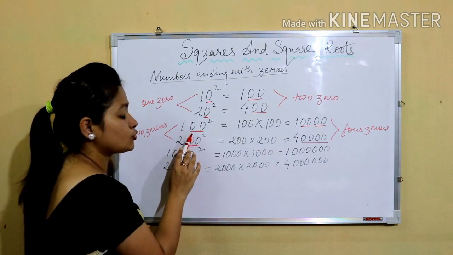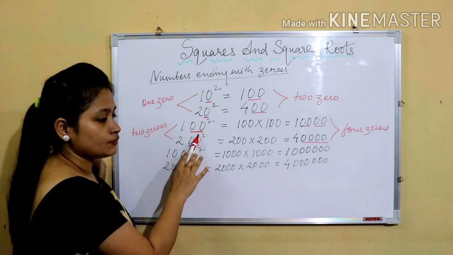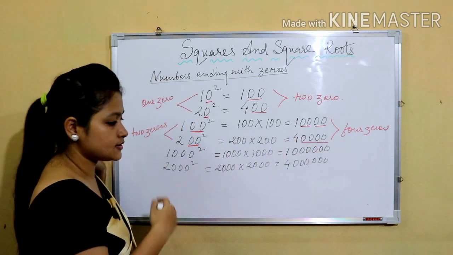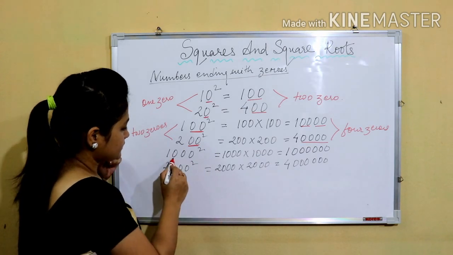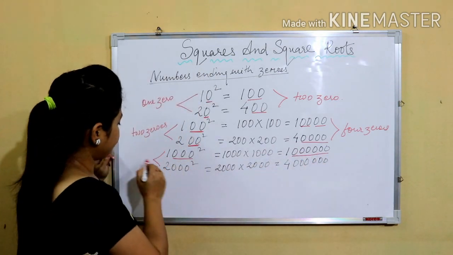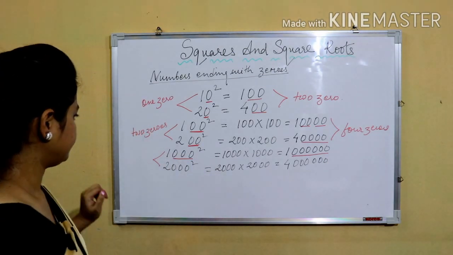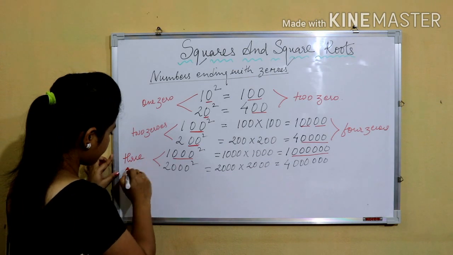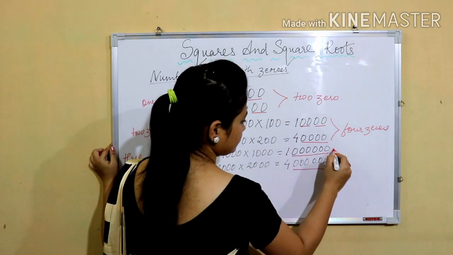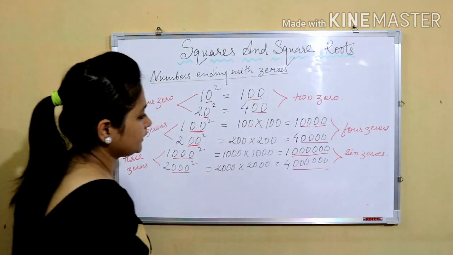When the square of this 100 is taken, we got 4 zeros, just a double. Same way, 3 zeros are here, and after squaring that, we got 6 zeros.